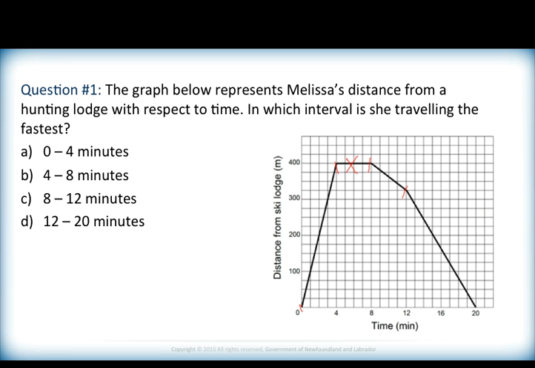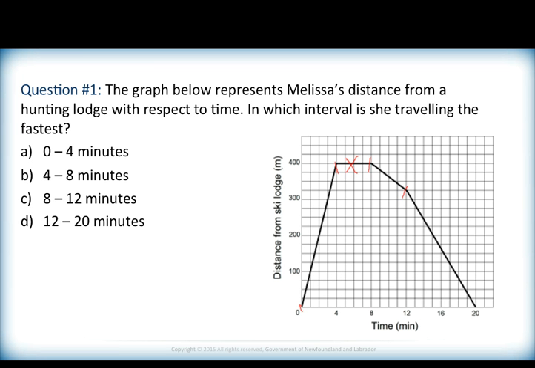So she is staying at a constant distance as time goes on. Maybe as she was walking along to the hunting lodge or traveling in a vehicle, she stopped for a quick rest, so that would represent a horizontal line.